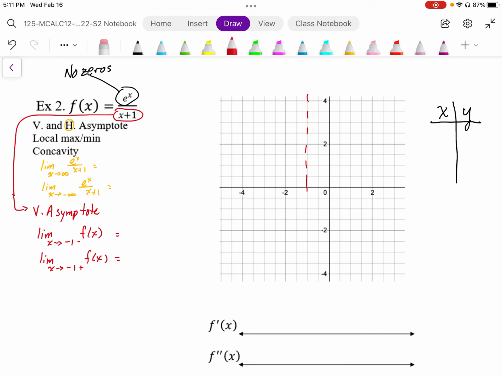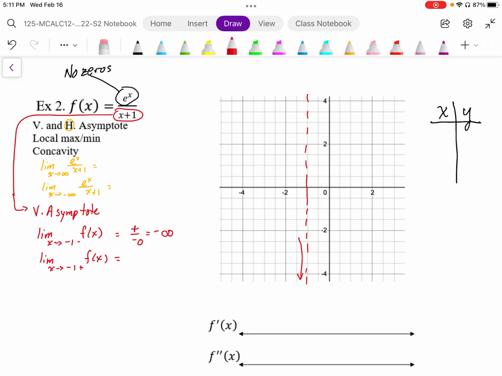If I approach -1 from the negative side, I'm going to have a number less than -1, like -1.1. That's going to give me negative in the denominator. So it's going to go towards -0. Dividing by 0 gives me infinity, and I'm going to be going down to that asymptote.